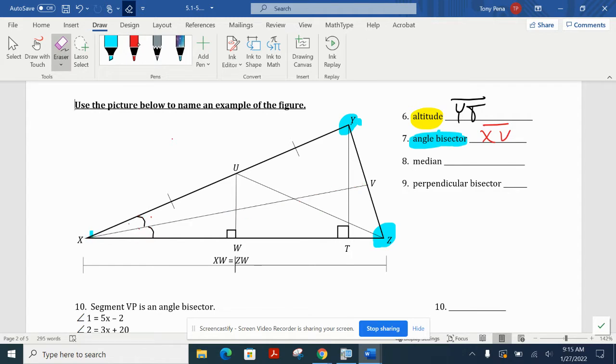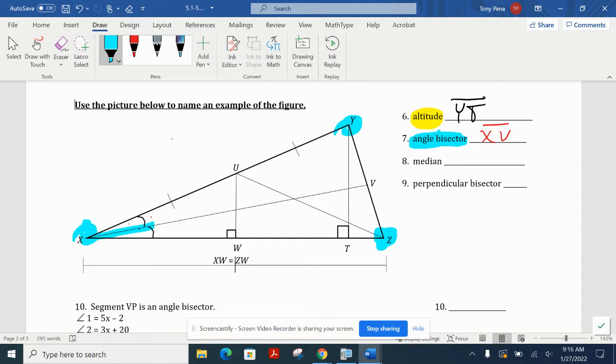Okay, next one. If we want our median, it cuts the opposite side in half and must come from the vertex. All right, so again, you're worried about your vertex here, here, and here. Which one of those has a segment coming out of it that goes to the other side and cuts it straight in half? Whichever one of those must be our answer.